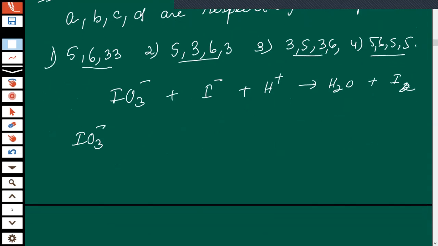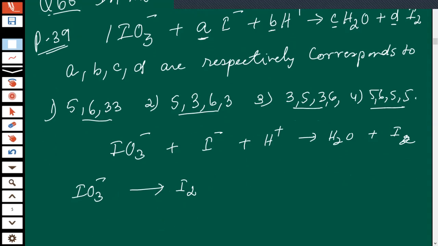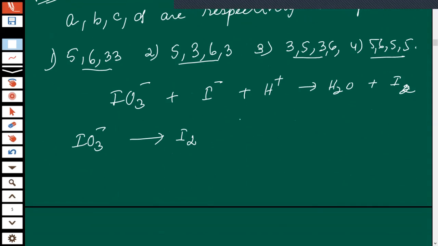IO3 minus is changing into I2, and I minus is also changing into I2.